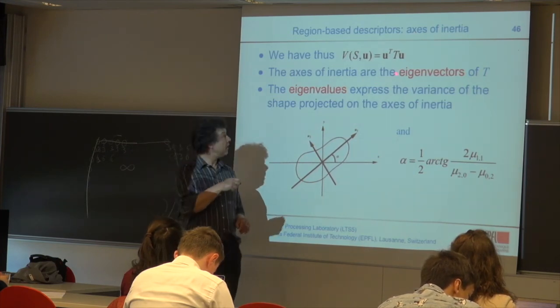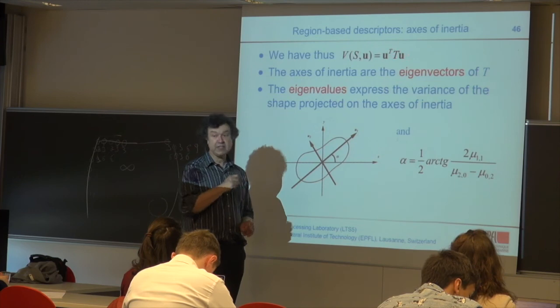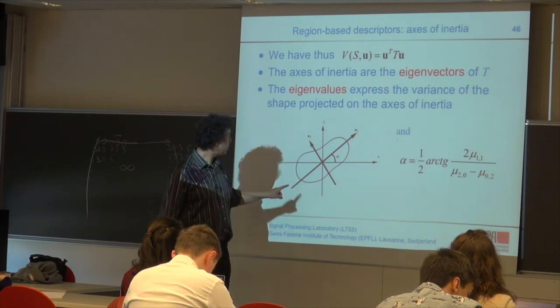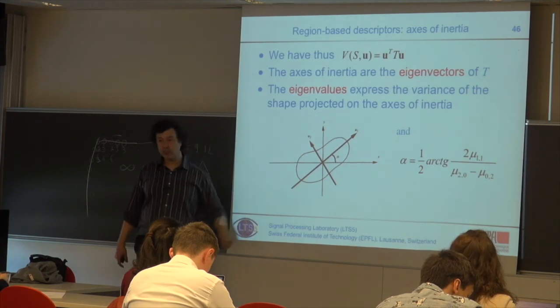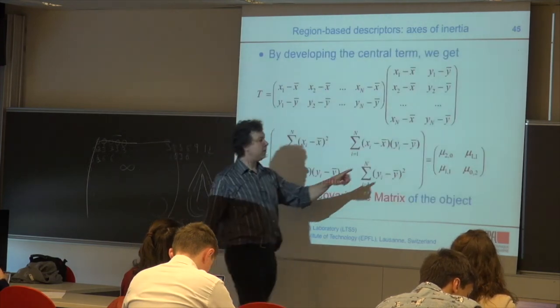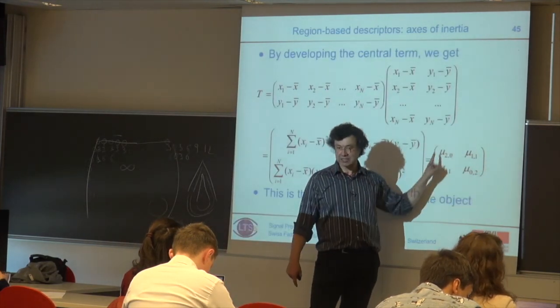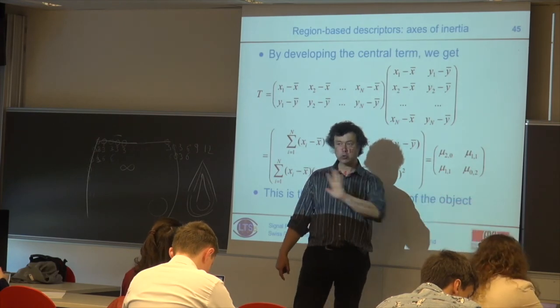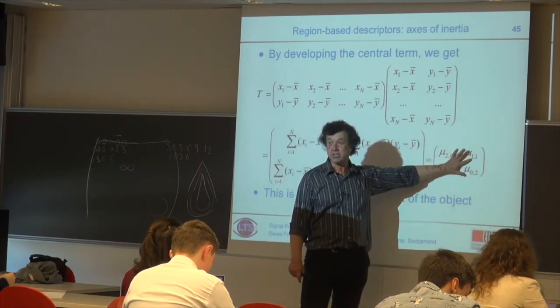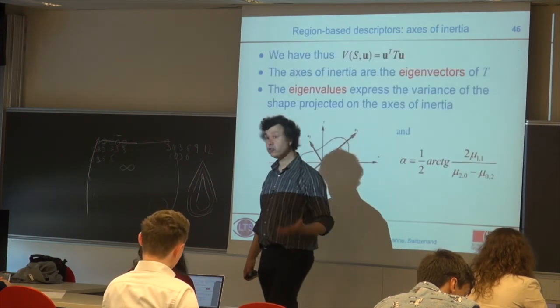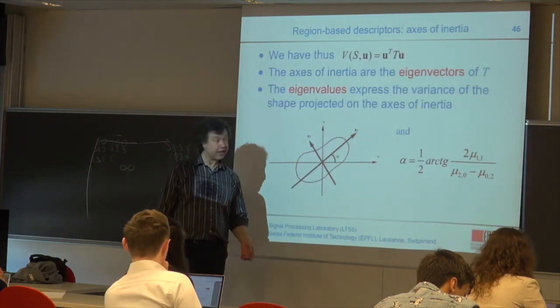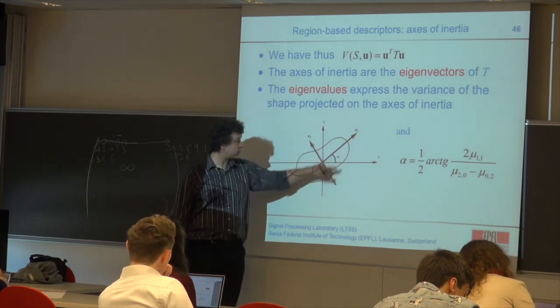This is typically the eigenvectors of T. So to calculate the main axis of a shape, you just calculate its covariance matrix. If it's a 2D object, you get a 2 by 2 matrix, and you calculate 2 eigenvectors of that matrix. You get 2 vectors.